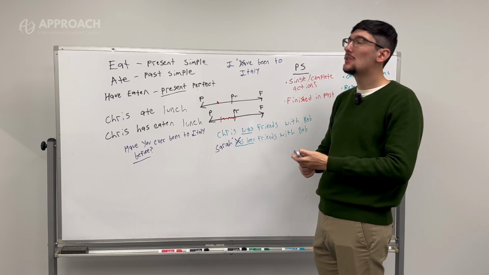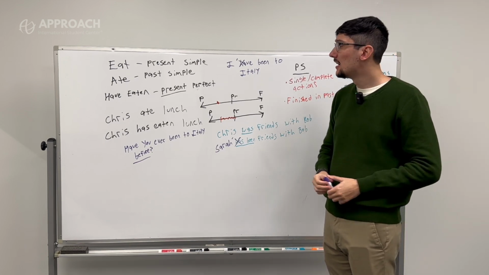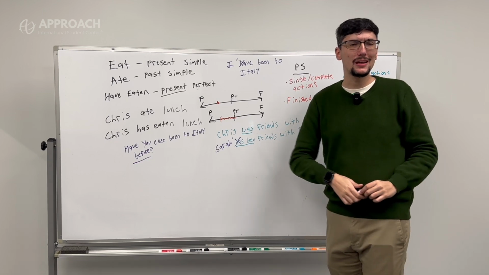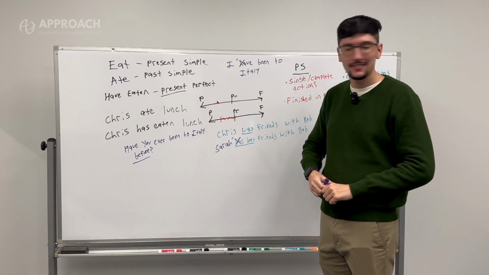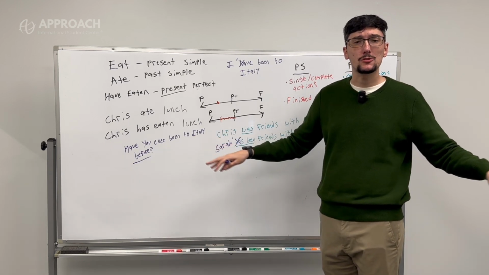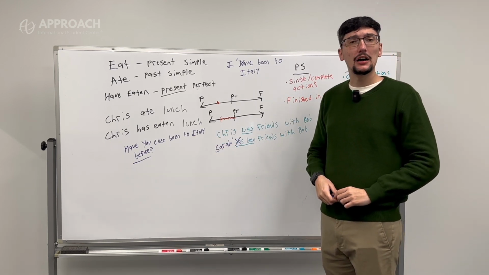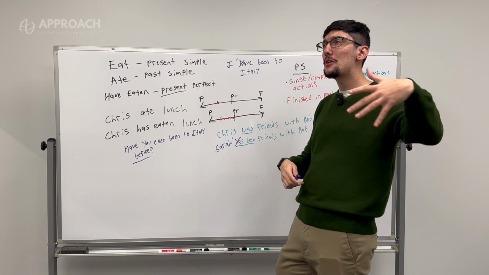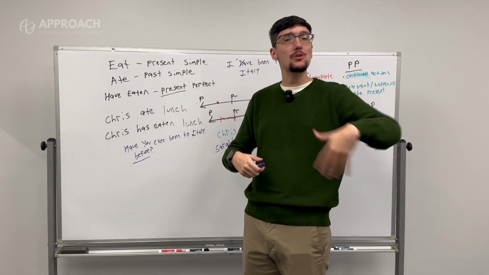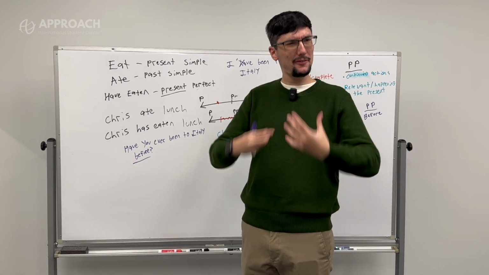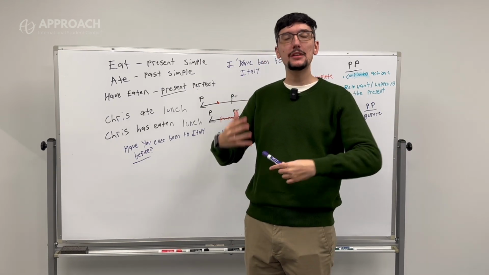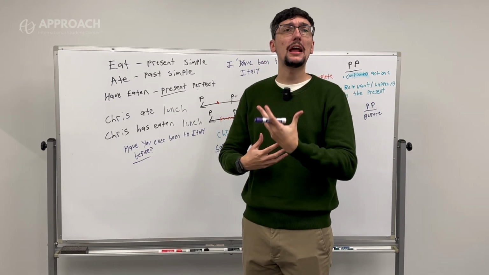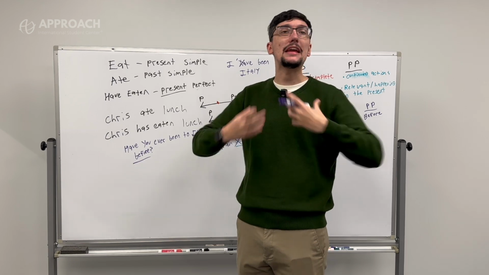So, I do not want to hear you guys saying, oh, I have been to Italy. She has already eaten lunch. No, she's already eaten lunch. I've been to Italy. Have you ever studied French? Oh yeah, I've studied French. Yeah, and they've studied French too. You see, it's more fluid, it's more natural, it sounds more native.